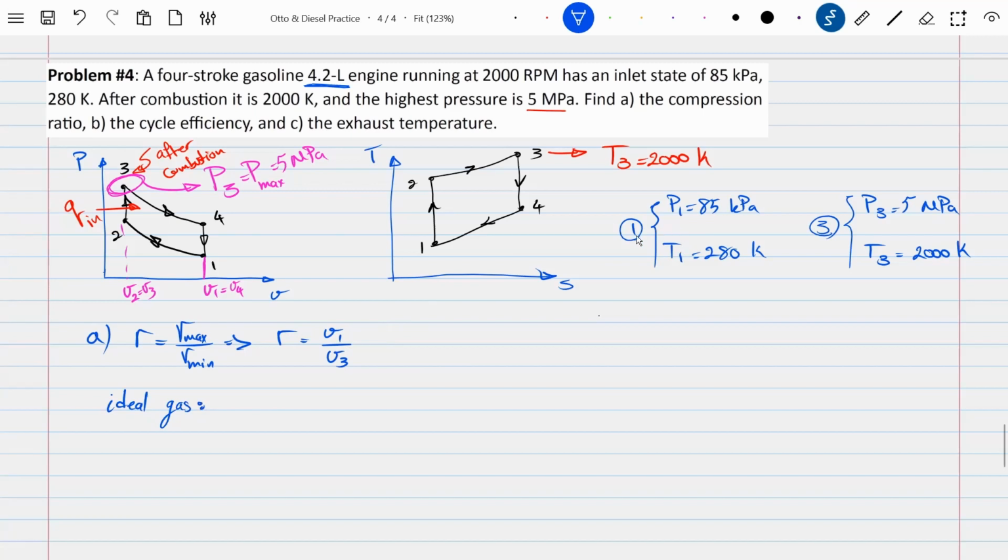Because at both states 1 and 3, I know the pressure and temperature. Ideal gas relates pressure, temperature, and specific volume together. If I know pressure and temperature, through ideal gas, I can easily find a specific volume. Ideal gas says Pv is equal to RT. Keep in mind, the v here is the specific volume, not total volume.